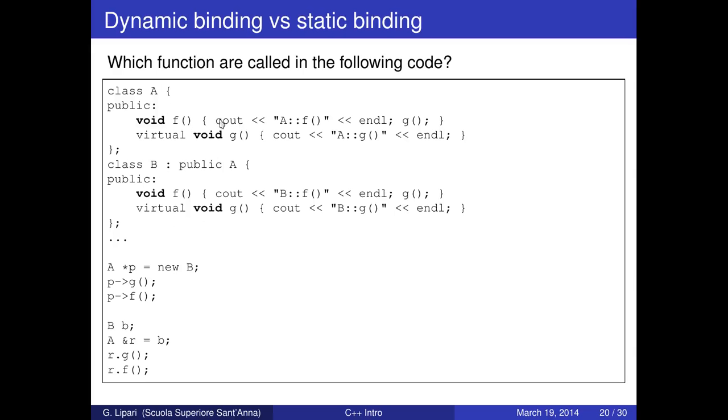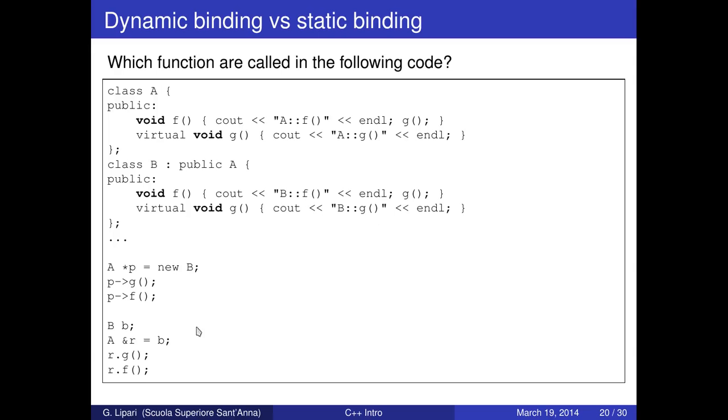Function f first prints something on the screen and then it calls G. And function G simply prints something on the screen. The same happens in the derived classes. Function f first prints bf on the screen and then calls G, and then G just prints bg.